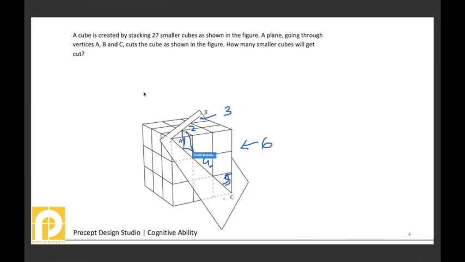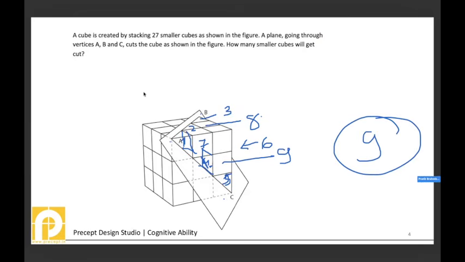So this will be your 7th cube. There will be also the 8th cube which will get a cut because it's the same situation. And also besides this, there will be this cube which will be getting cut partly by just a part here, which will be your 9th cube. So total 9 cubes will get cut by the plane that is formed here. Okay. We'll now move to the next one.